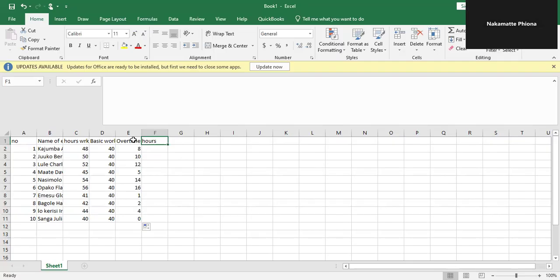So let us have regular pay. Regular pay will be basic working hours times 10,000, which is 400,000.